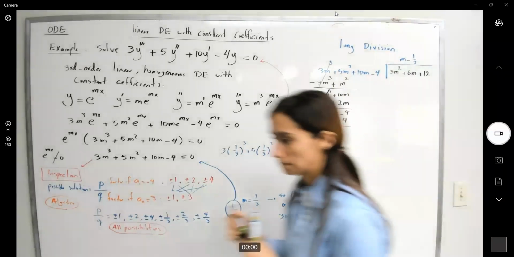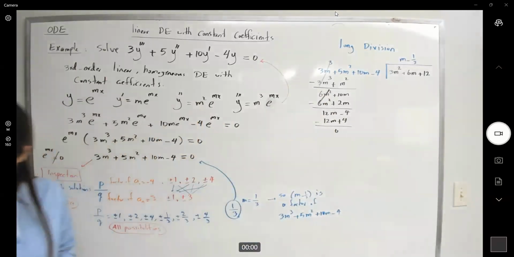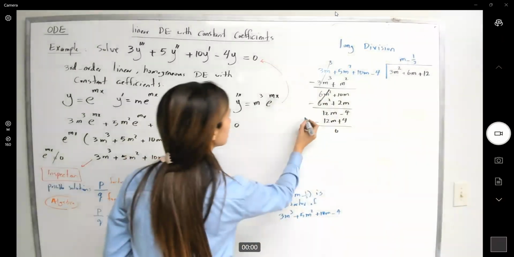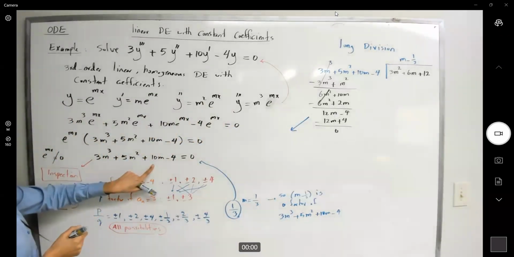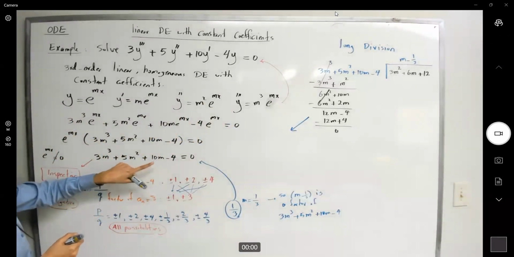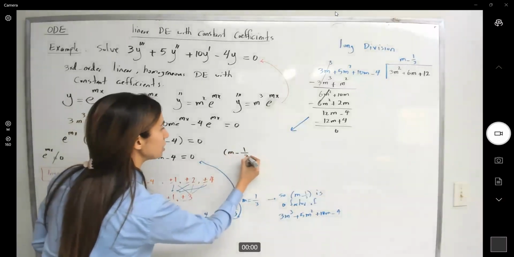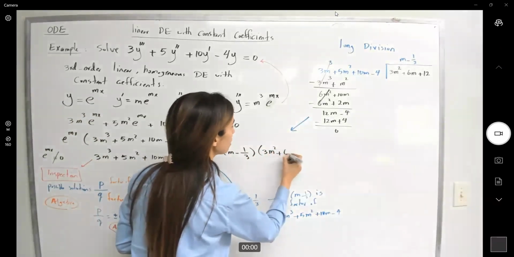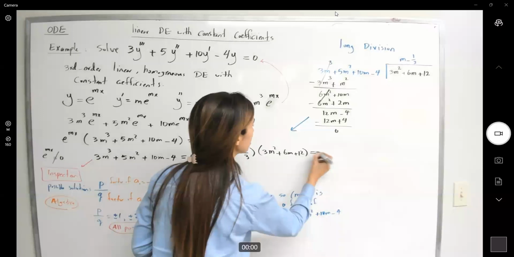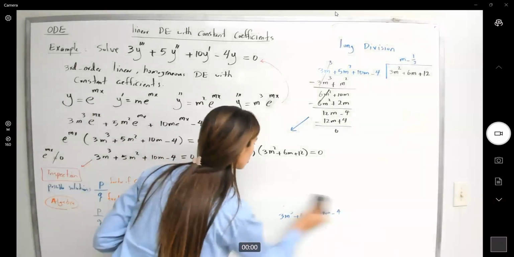It means that your auxiliary equation, your characteristic equation, can be written as m minus a third times 3m squared plus 6m plus 12 equal to 0. This way we can find the solution for this differential equation.